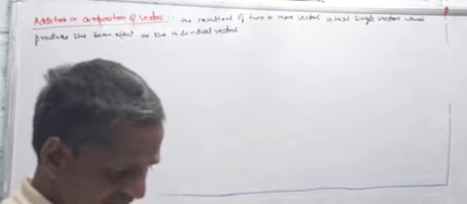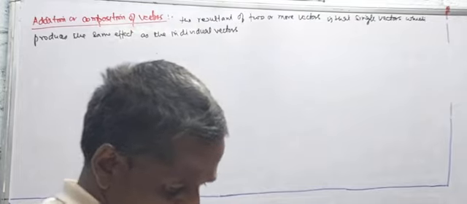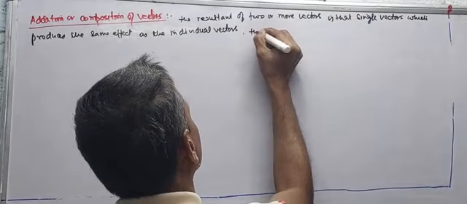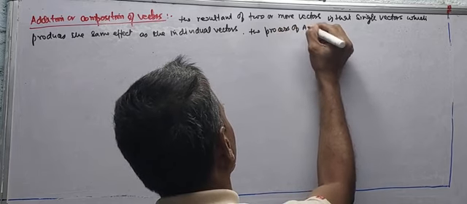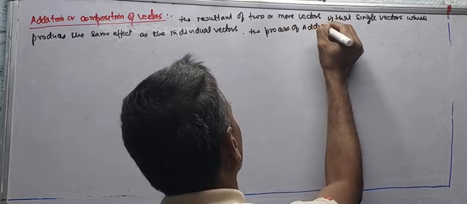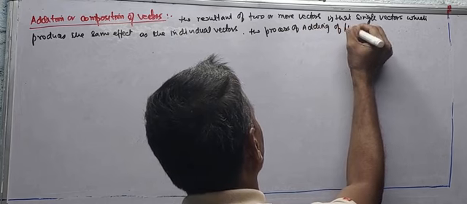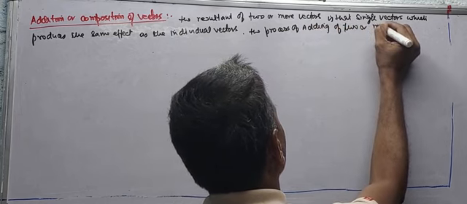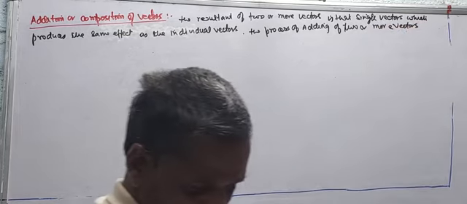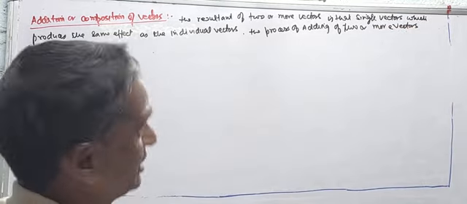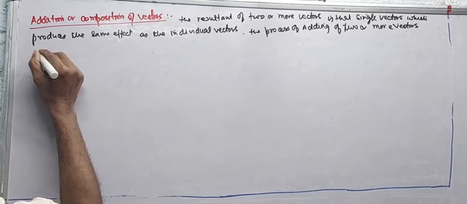The process of adding up two or more vectors is called composition of vectors.